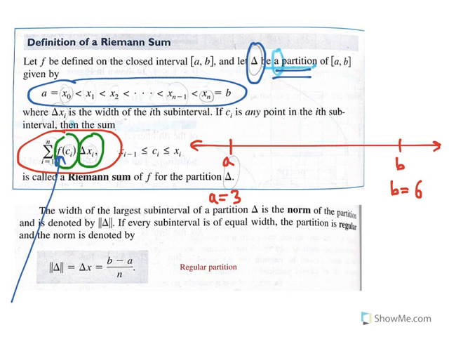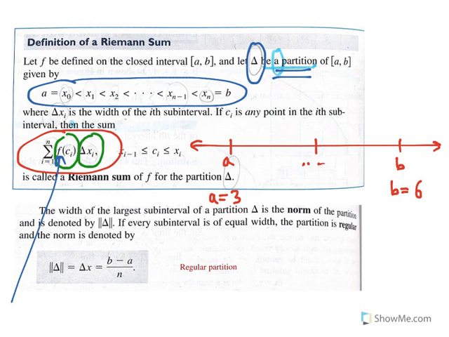So for example, if you have 2 subintervals and they are the same width, I'm going to have one subinterval from 3 to 4.5 and another subinterval from 4.5 to 6. Each subinterval would have a width of 1.5 units. 3 to 4.5 is 1.5, and 4.5 to 6 is 1.5.